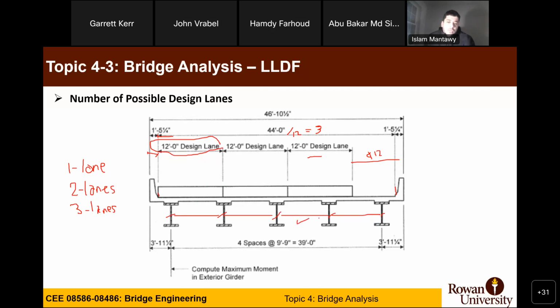So that's why they have no relation. You cannot say I'm going to put the girder here because the truck will be here. No, the truck can be anywhere along the transverse direction, any location in the transverse direction.